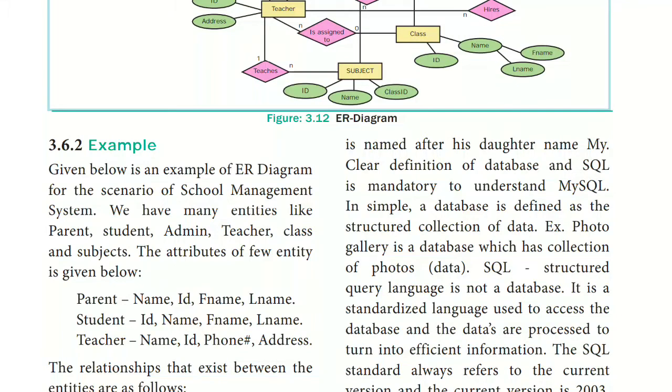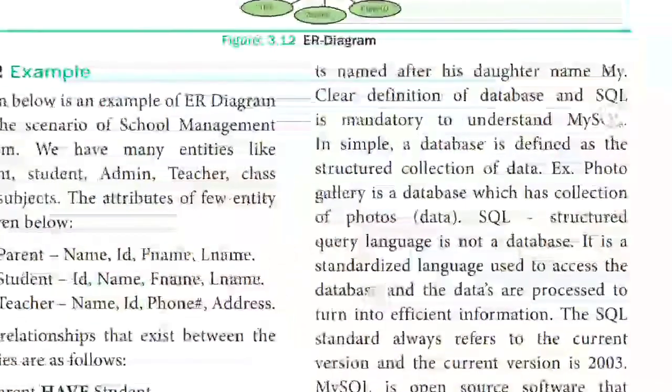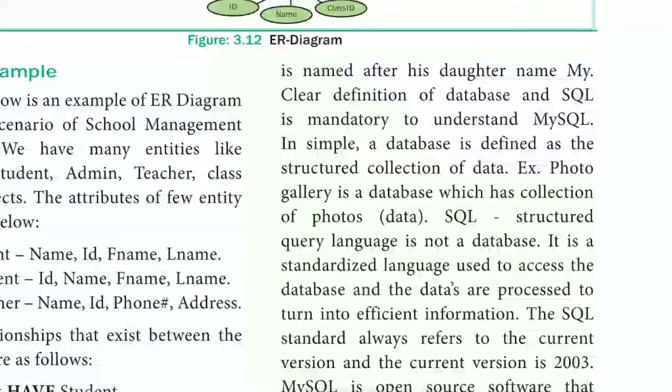A definition of database and SQL is mandatory to understand MySQL. In simple terms, a database is defined as a structured collection of data. Example, a photo gallery is a database where you collect photos.